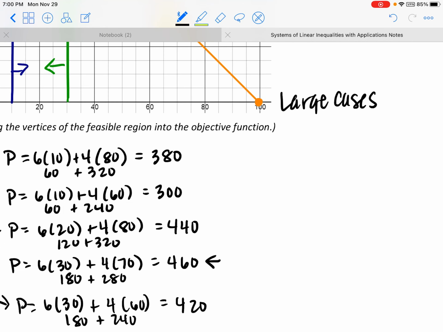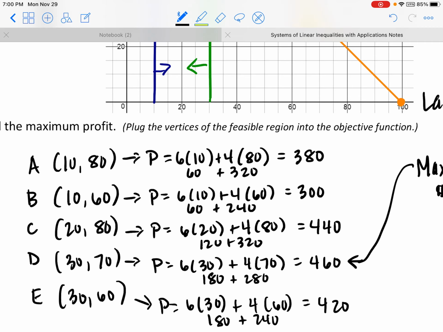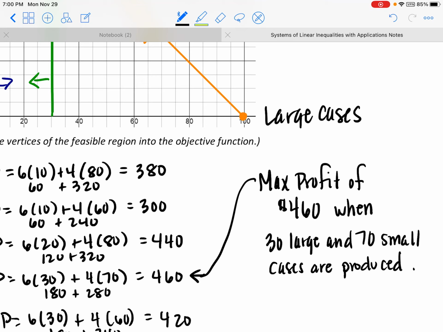So there's going to be a max profit of, in this case, $460 when x is 30 and y is 70. So when 30 large and 70 small cases are customized, produced, whatever the language was that was used in this particular problem.